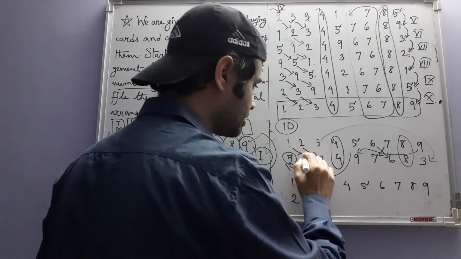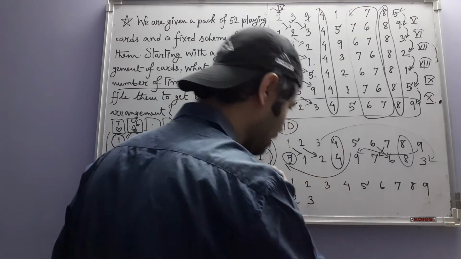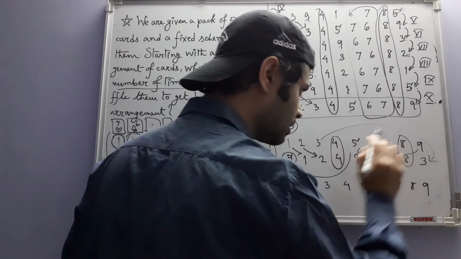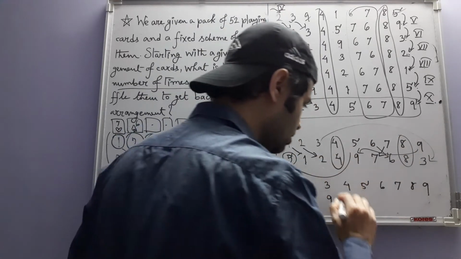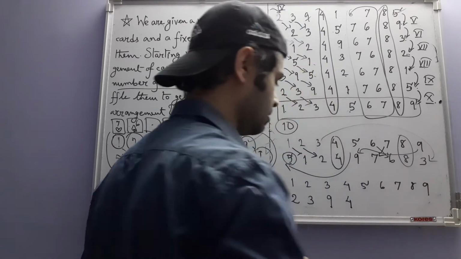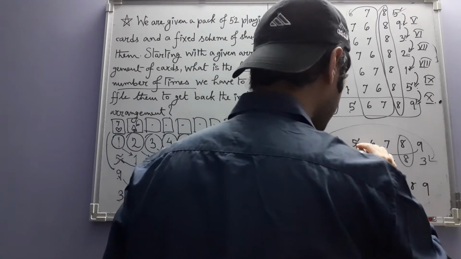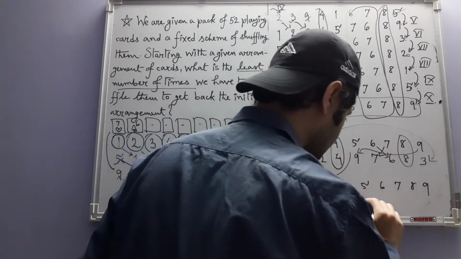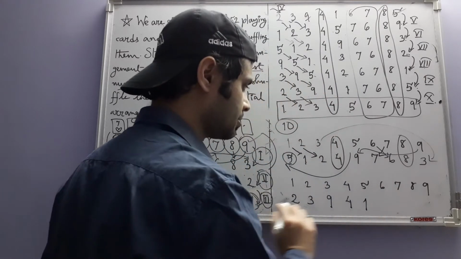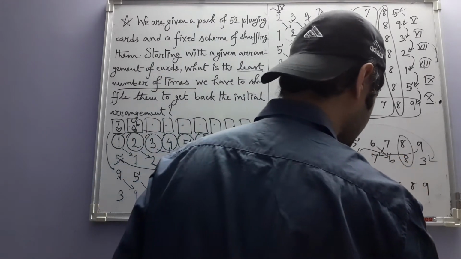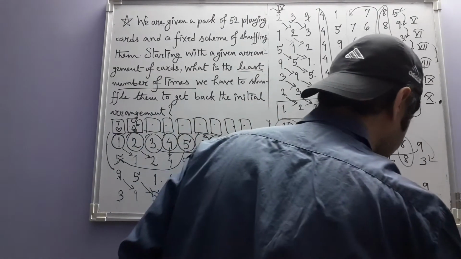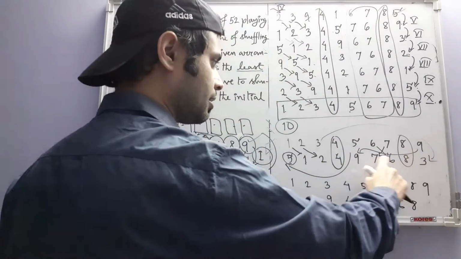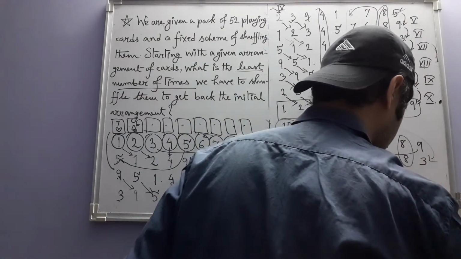So 1 goes to the second place, 2 goes to the third place, 3 goes to the ninth place. So 3 goes to 9. 4 stays, it does not change place. 5 goes to 1. 5 goes to the first place. Then 6 and 7, they change places. 8 is unchanged. And 9 comes to the fifth place.